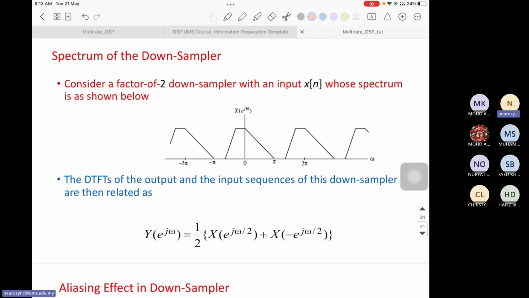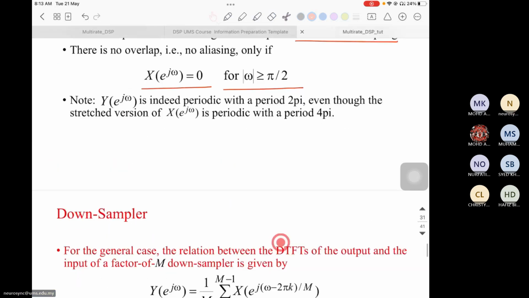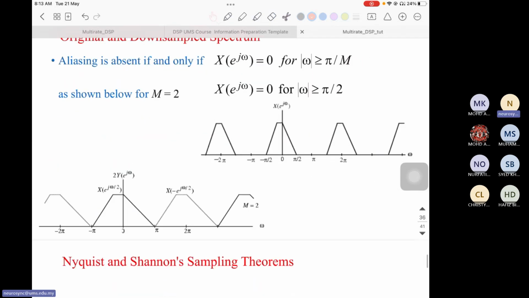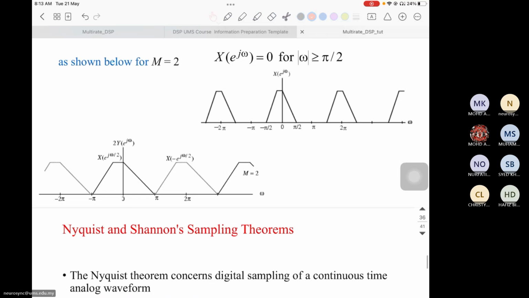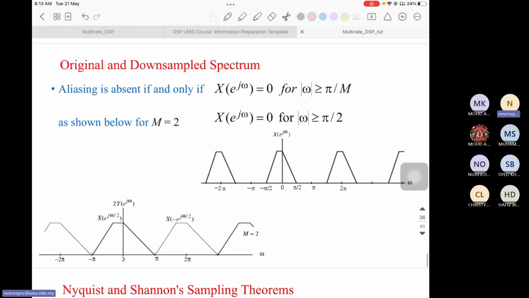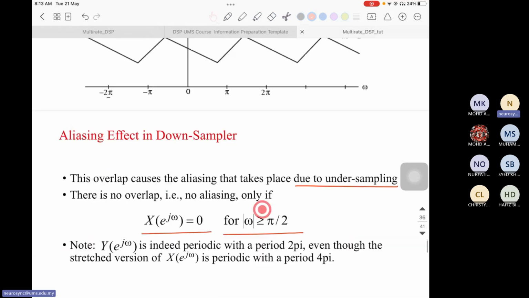In this case, you can see this is stretched up to pi. So if it is up to pi by 2 and the remaining points are 0, then we can eliminate this aliasing effect. In this case, you can see the output of downsampling is like this. This is the output of downsampling, so you can differentiate between this input sequence and this input sequence.